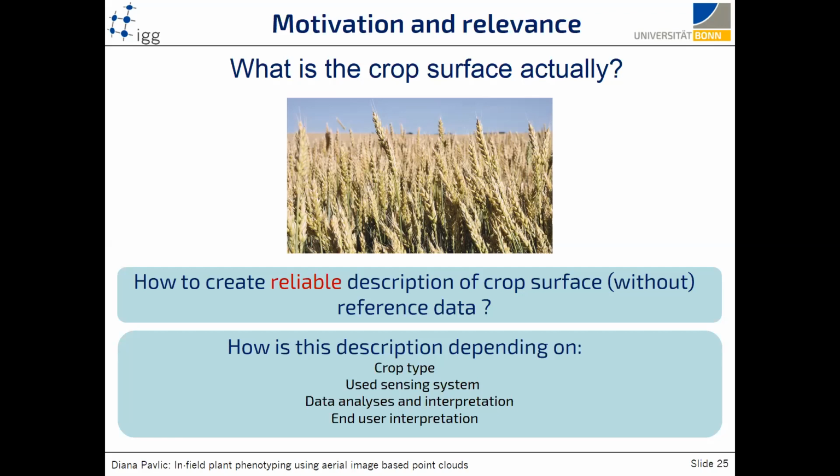This surface is quite complex and it's also moving because of the wind and so on. How does this description of the surface differ between different crops, and how is it different between the different sensing systems we use?